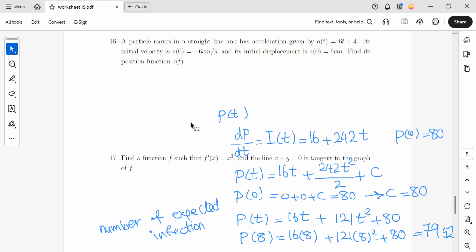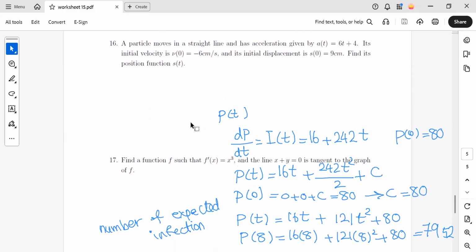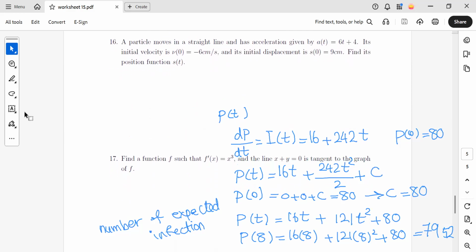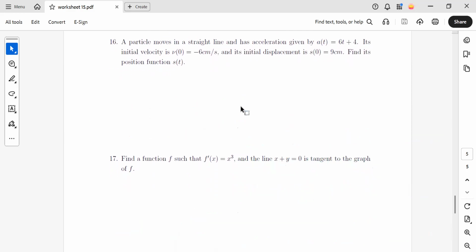Next one is number 16. It's about moving a particle. Again, pause the video and then listen. So we know that acceleration at t is the same as v prime, which is the derivative of speed at t.